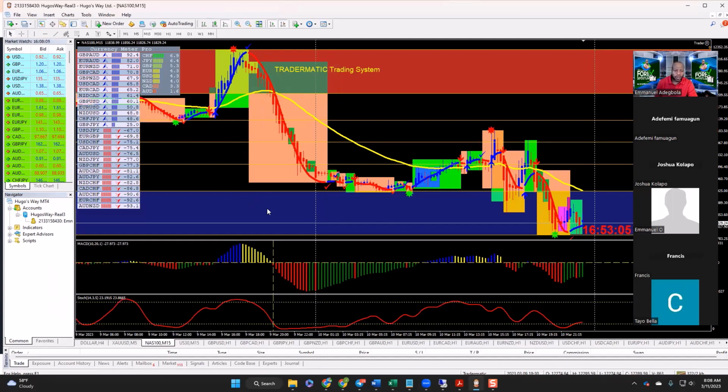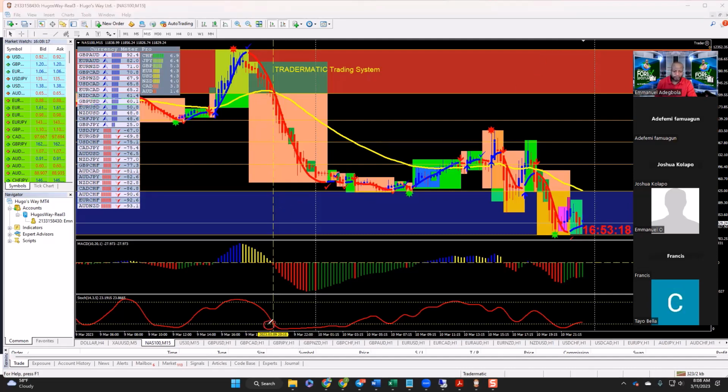But then when you look very well, even though it is oversold, this is the system you guys are familiar with, this Stratomatic. But take a look at where this system is oversold. Take a look at here. And take a look at here. And see how far it still went down, retraced, and still continued down.